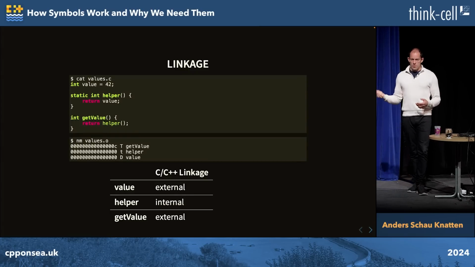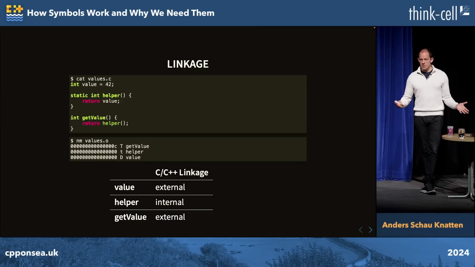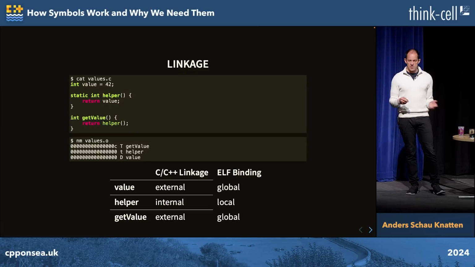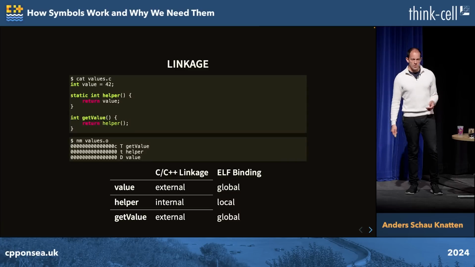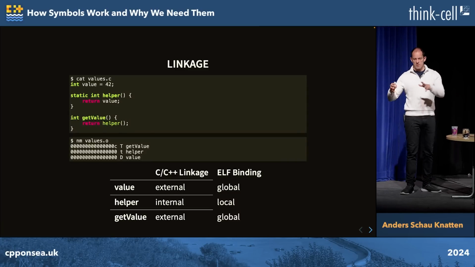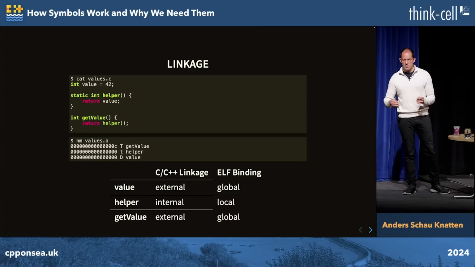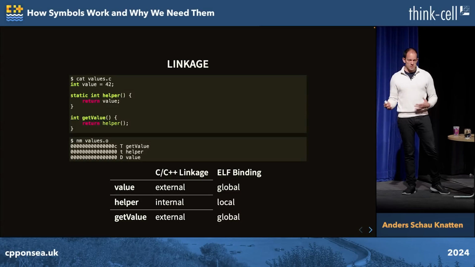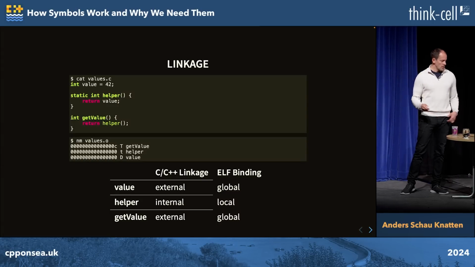The way this actually works is in implementation details, right? On Linux, we have ELF binding. On Windows, they probably have something else. ELF binding is a concept in ELF that's separate from linkage. Linkage is a language concept. Binding is the ELF implementation detail.